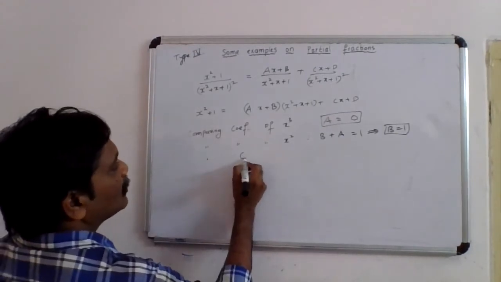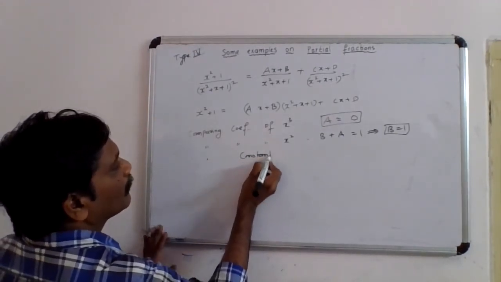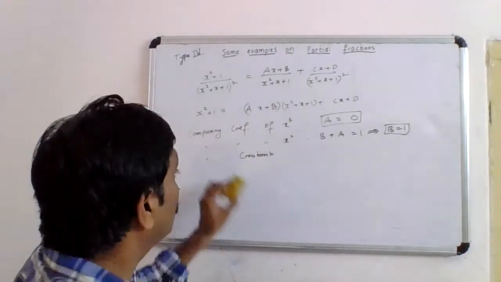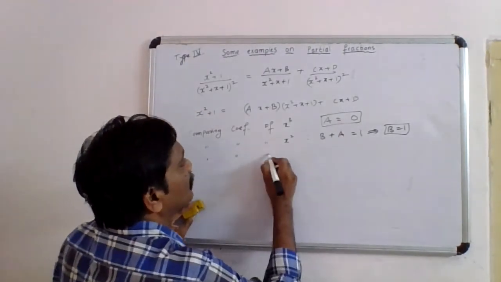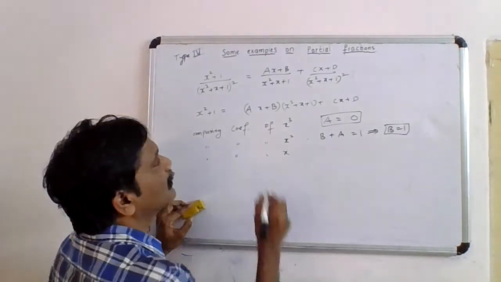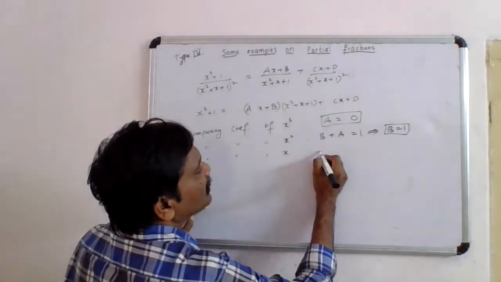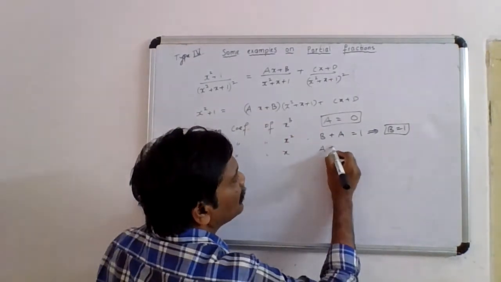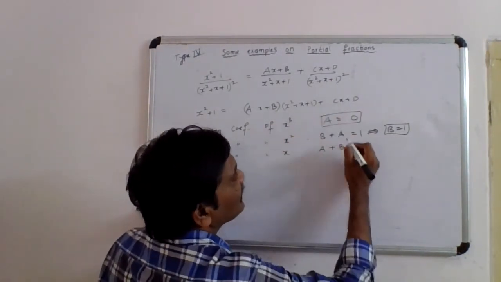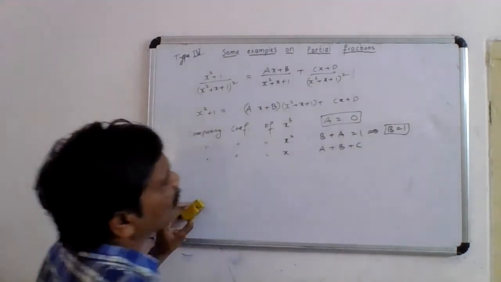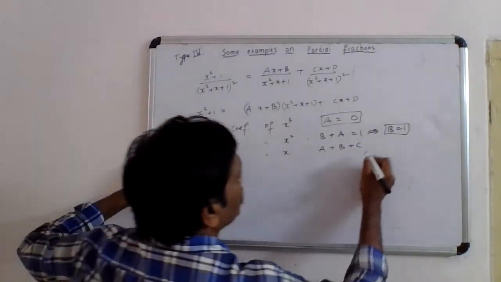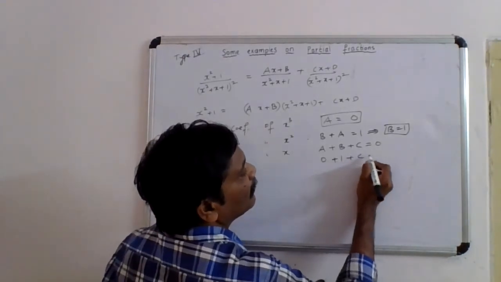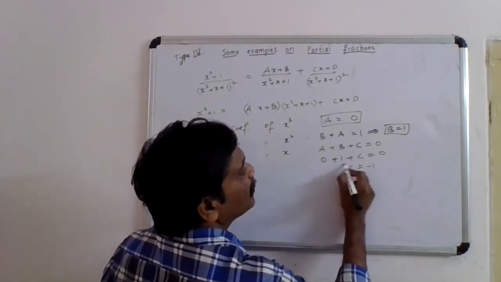Sorry, we have one more thing, comparing coefficients of x on both sides. So ax into 1 is ax, so its coefficient is a. b into x is also bx, its coefficient is b. cx is there, so its coefficient is c, and this side x coefficient is not there, 0. So since a is 0 and b is 1, plus c is equal to 0, that implies c is equal to minus 1.